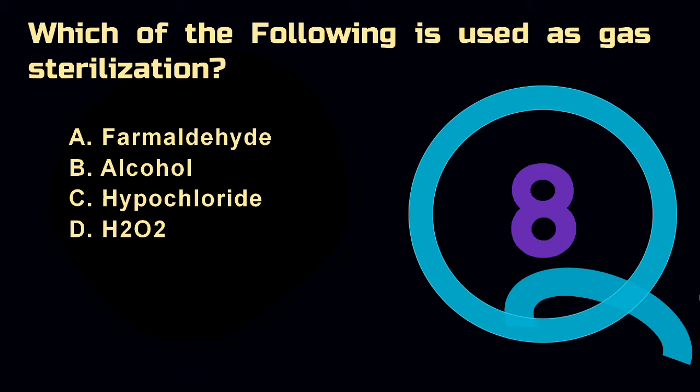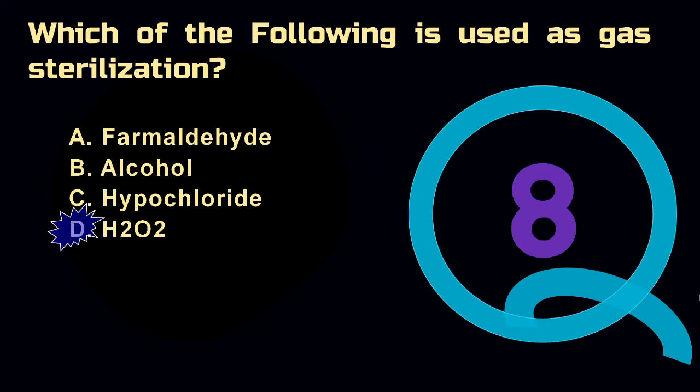Alcohols are not recommended for sterilizing medical and surgical materials because they lack sporicidal action. And sodium hypochlorite is a compound which is effectively used at a larger scale for surface purification. So, the correct answer to this question is H2O2 is used as a gas sterilization.